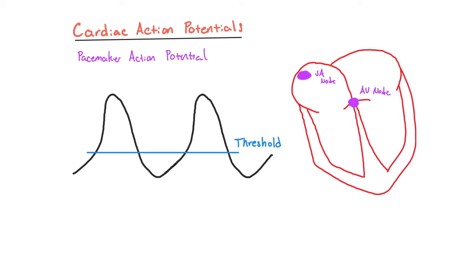Now, looking at these action potentials, something interesting you may notice right over here and right over here on each of these two action potentials is the ability of this tissue to spontaneously depolarize itself. So as you see right here, the cell is below the threshold, currently not generating any action potential.